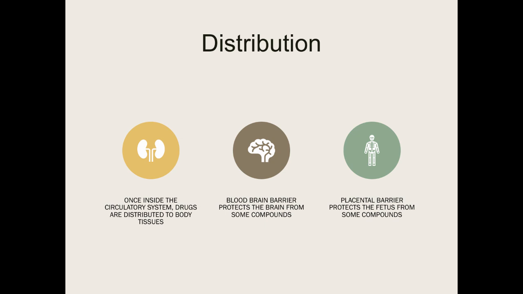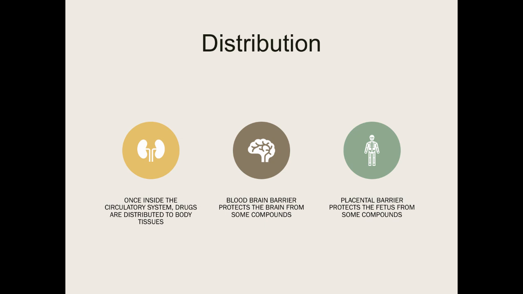So if a drug crosses the blood-brain barrier, we know it's going to cross this placental barrier. So some drugs do, some drugs don't. The drugs that do cross the blood-brain barrier are going to affect your brain, like opiates. Opiates are going to cross that blood-brain barrier, affect your brain, your central nervous system.